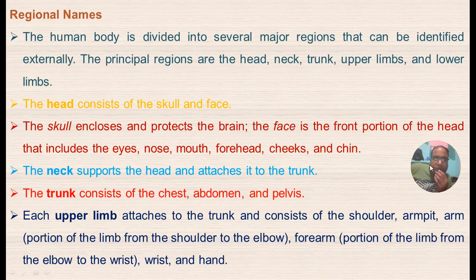The head consists of the skull and the face. The skull encloses and protects the brain, and the face is the front portion of the head that includes the eyes, nose, mouth, forehead, cheeks, and chin. These are the regions present in your skull and head. The brain is present inside the skull.